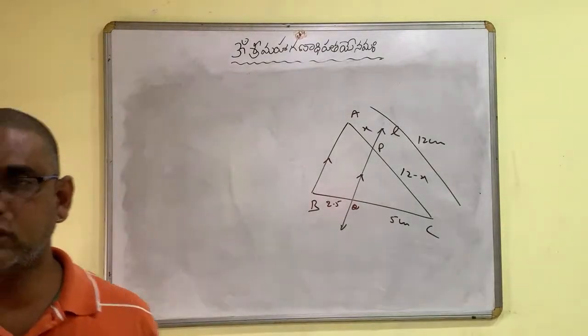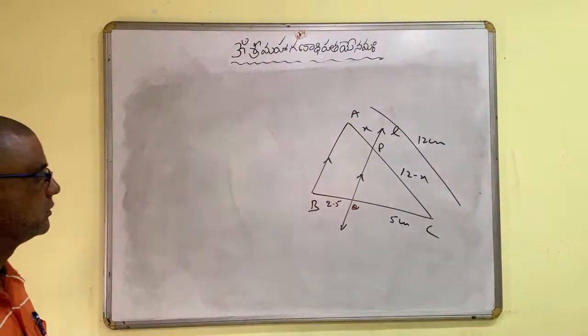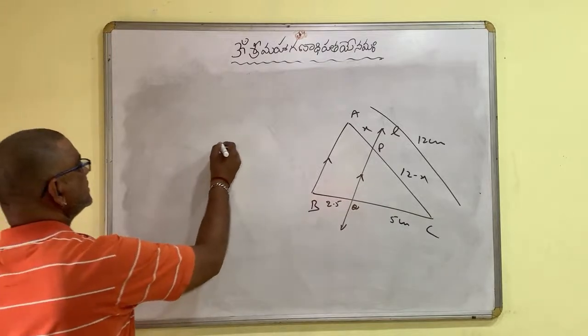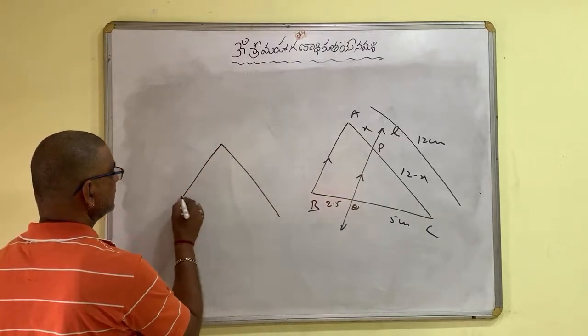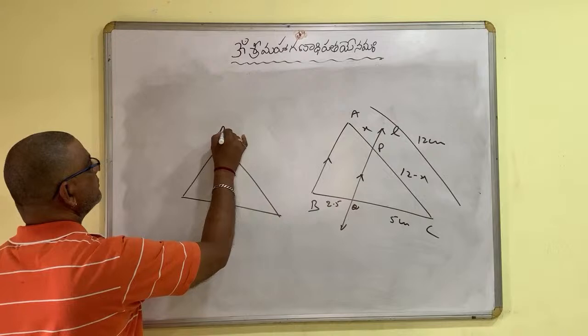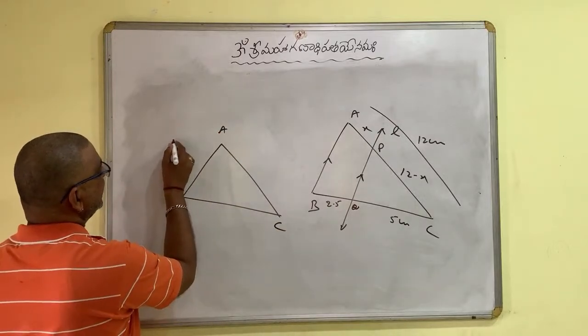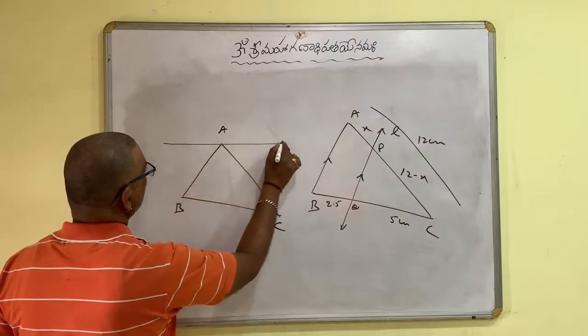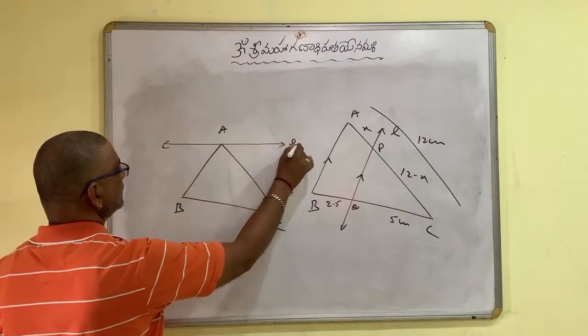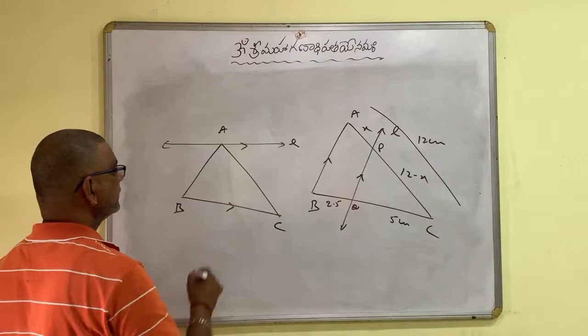I had a small doubt. There is a triangle ABC and there is a line L parallel to BC.